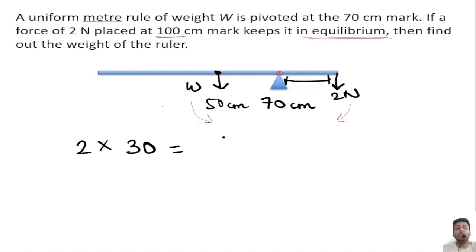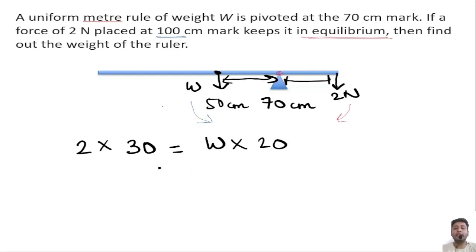This should be equal to W, the weight of this ruler, multiplied by the distance from the pivot point, which is 20 centimeter. Here also you will note that I'm not converting 30 centimeter and 20 centimeter into meter, because when I solve the equation, they will get cancelled out.